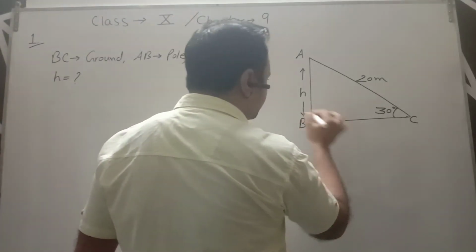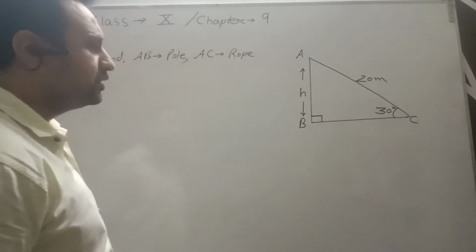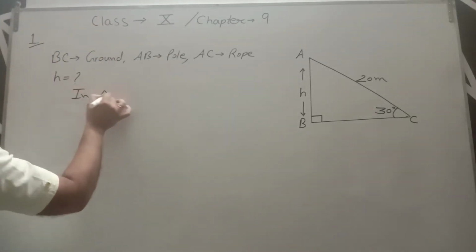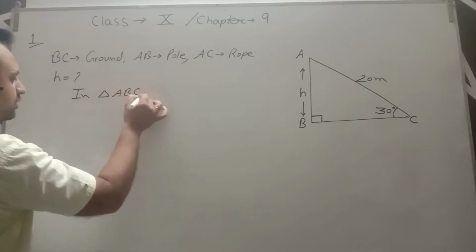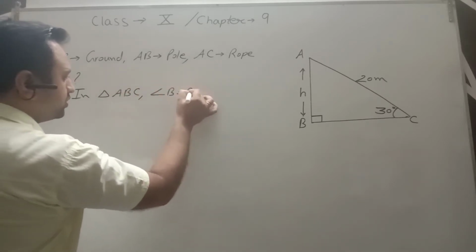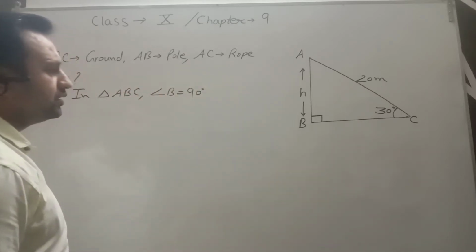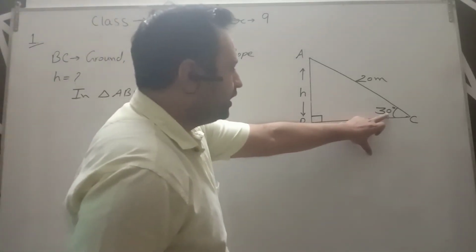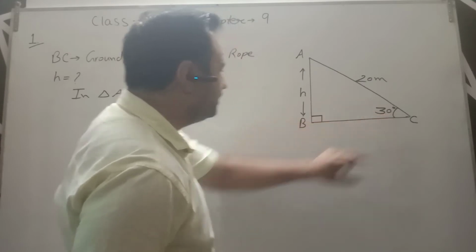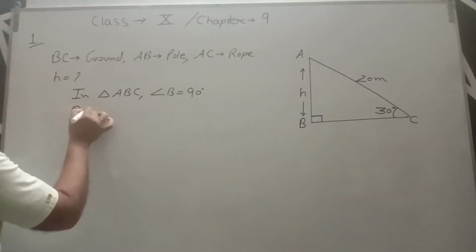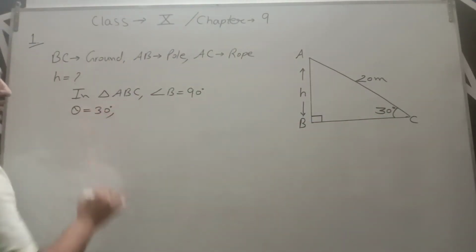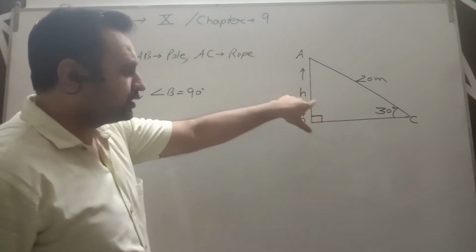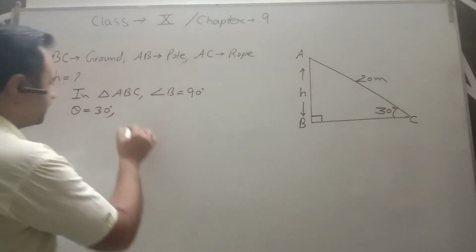Now it is a triangle ABC in which angle B is equal to 90 degree. The angle which is given, 30 degree, we suppose theta, and the side opposite to the given angle is considered as perpendicular.